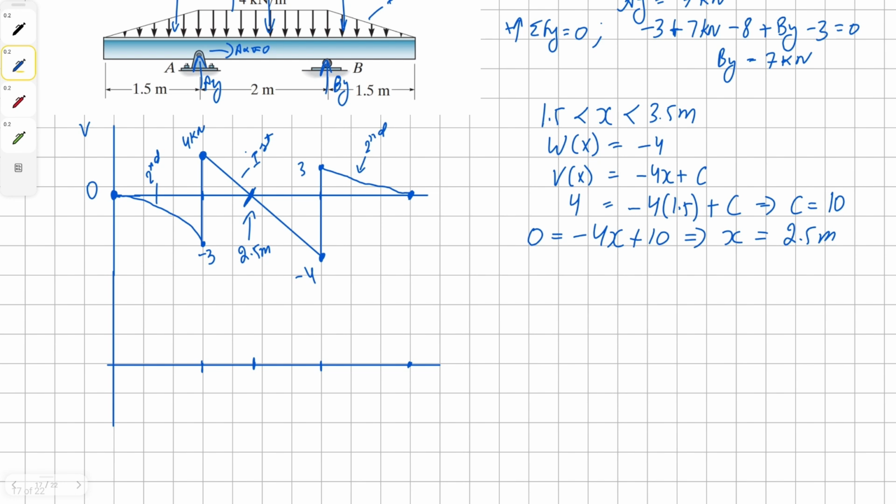Our moment will begin at 0 because there isn't any moment on this beam from the left-hand side.